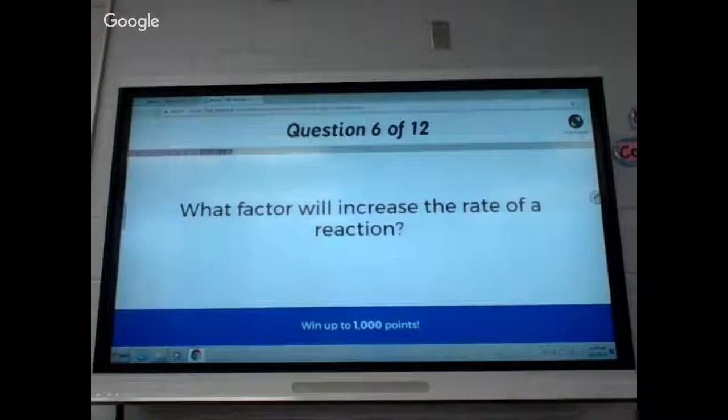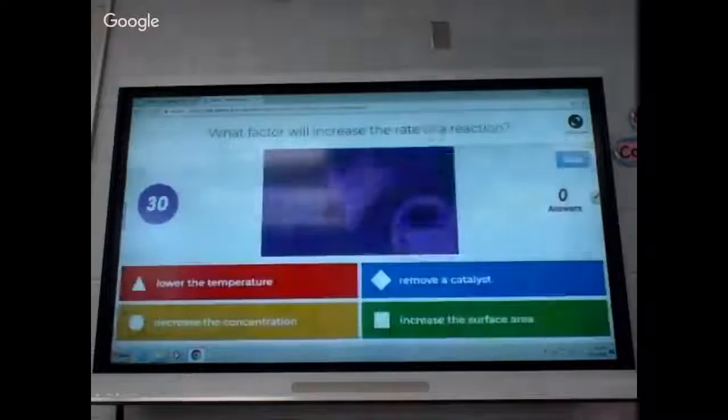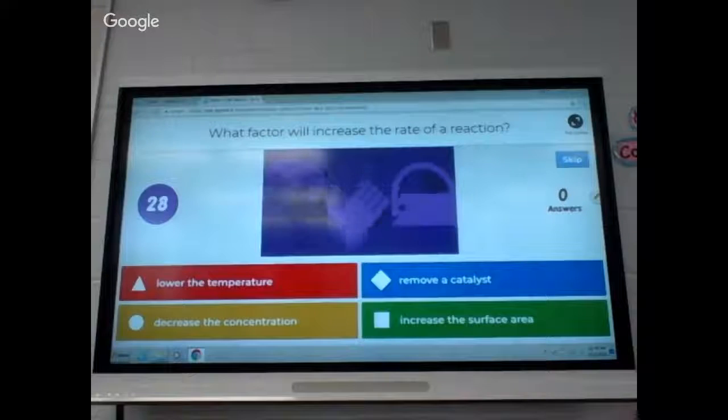Which factor will decrease the rate of a reaction?